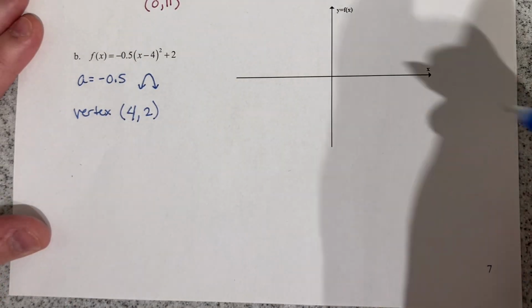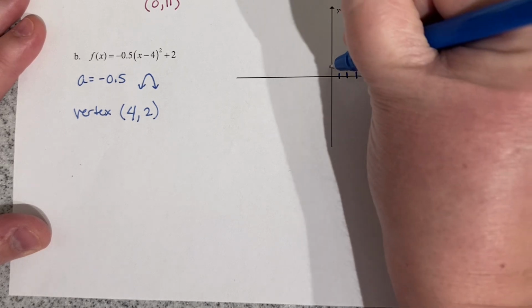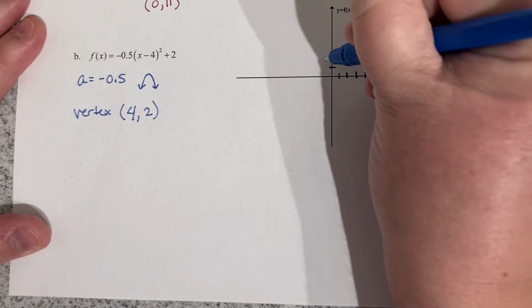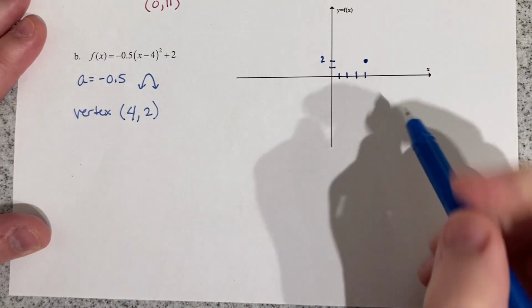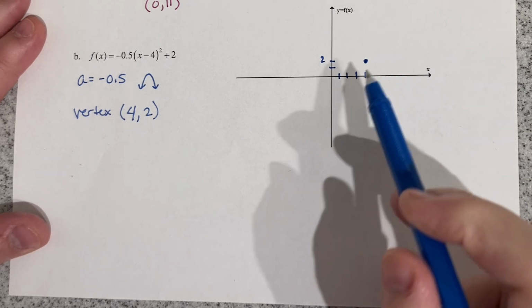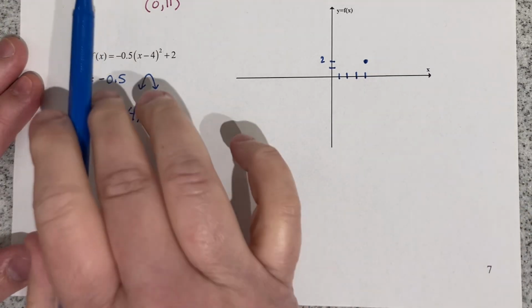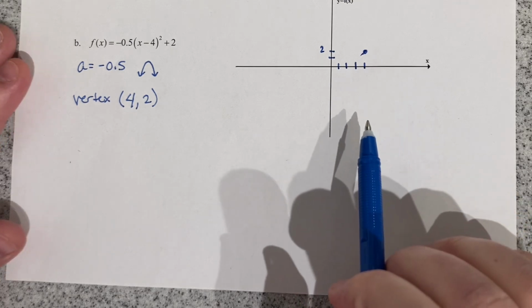So let's plot that point. We're going to go over 4 for x, up 2 for y. And I know it's going to be upside down. Let's do the same thing we did last time where we find at least the y-intercept, because there's going to be 2 x-intercepts.